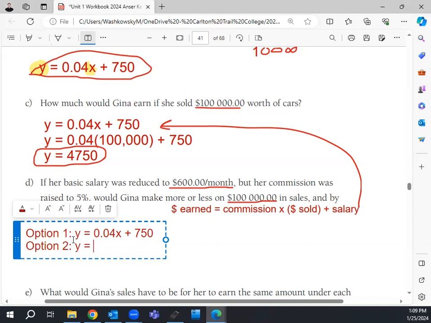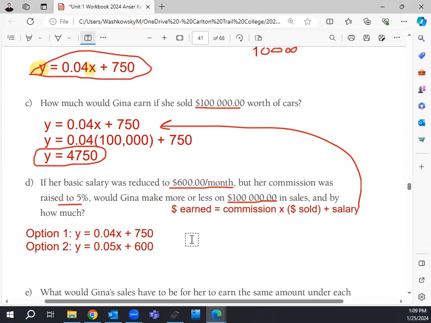Instead of earning a 4% commission, it's being raised to 5%. And then instead of making a guaranteed 750 a month, they're lowering it to 600. So those are the two differences here. I'll give you a second.